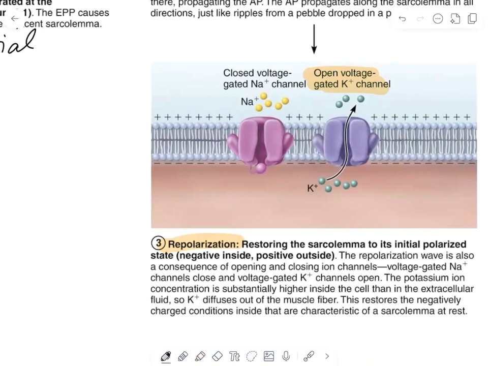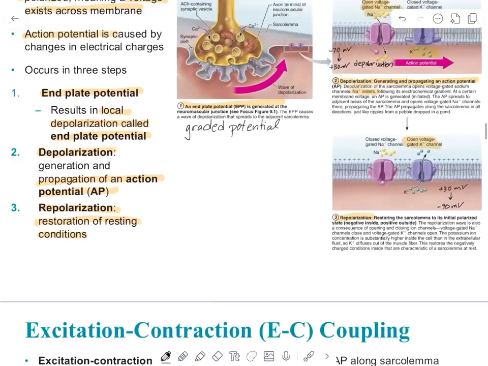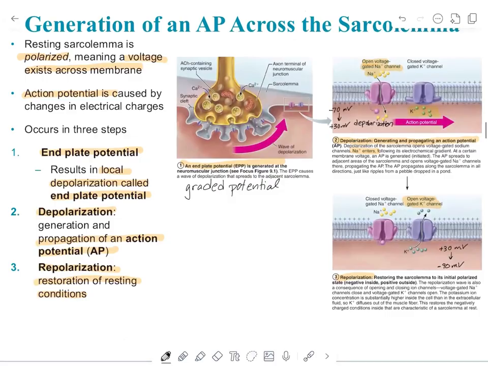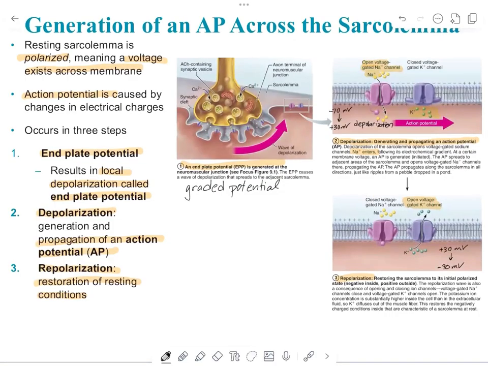And now the inside of the cell goes from positive 30 millivolts back down to negative 90 millivolts, and then it returns to negative 70 millivolts. And that'll make more sense in a couple slides when we see the graph of the action potential.